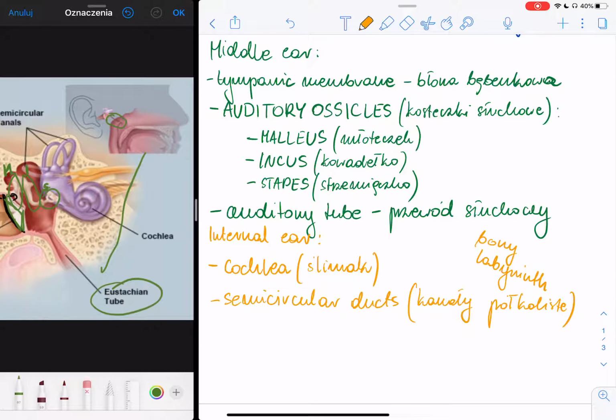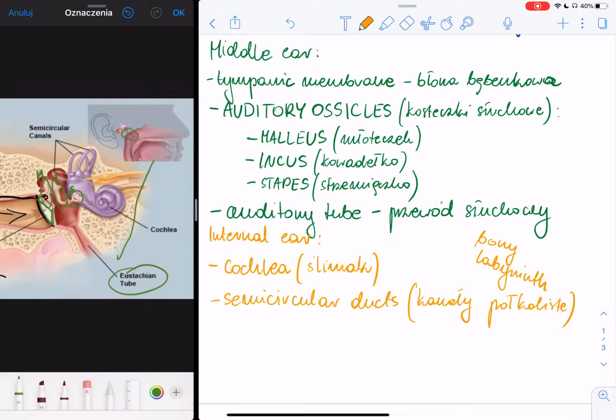And guys, let's focus on cochlea. At first, you have it marked here. It looks a little bit like a slug, that's the Polish name. The English name originates from the shell.